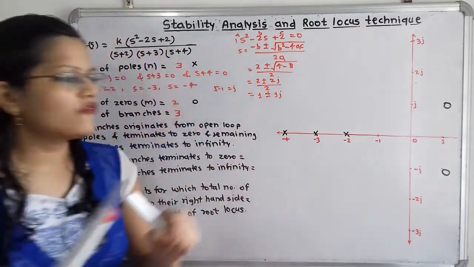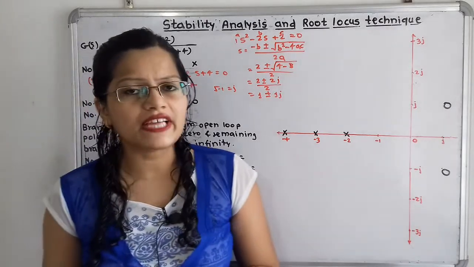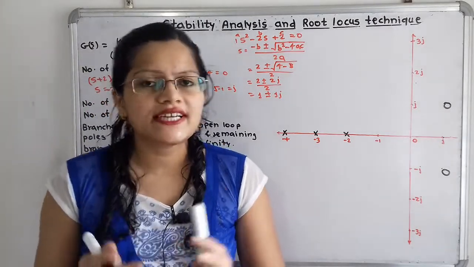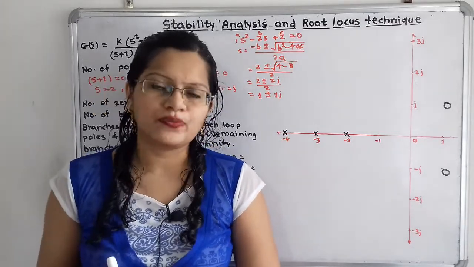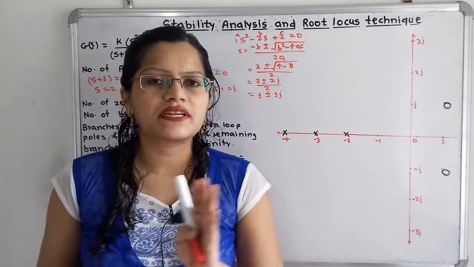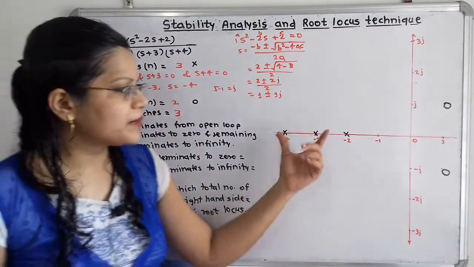Now we will move to the next step. So what is the next step? We know that the branches originate from the open loop poles and terminate at zeros, and the remaining branches terminate at infinity. Now for this question, there are a total of 3 poles.